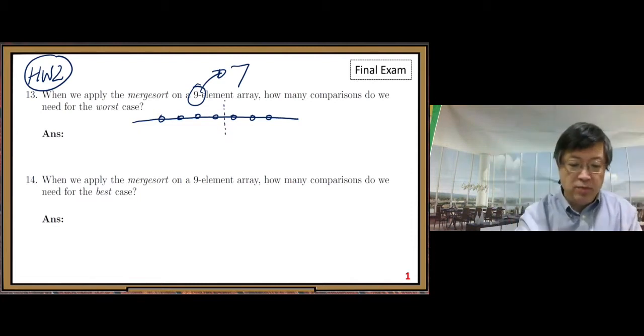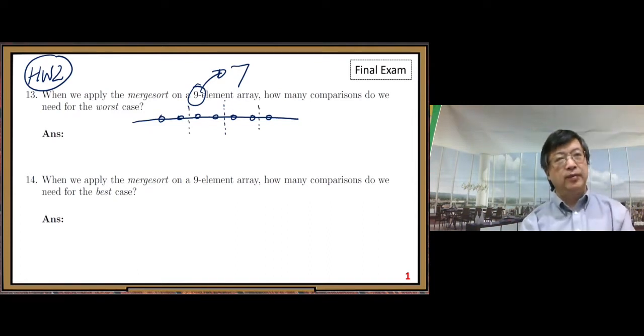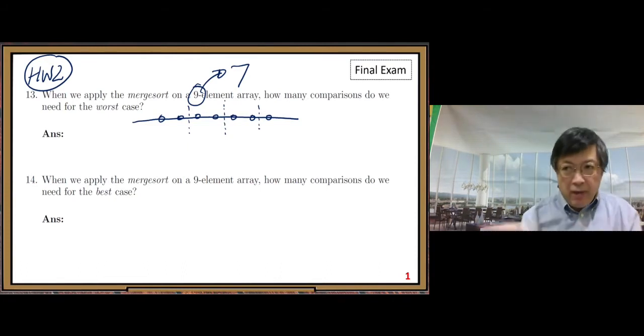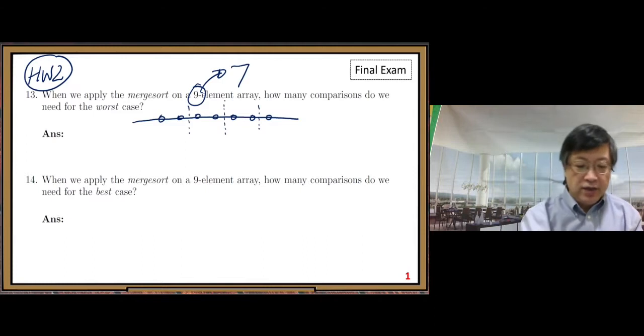One split there, another split here, and another split here. How small is each array? 2 or 1 elements. So at the bottom, the lowest level, it is 2 elements or 1 element, so we can stop.